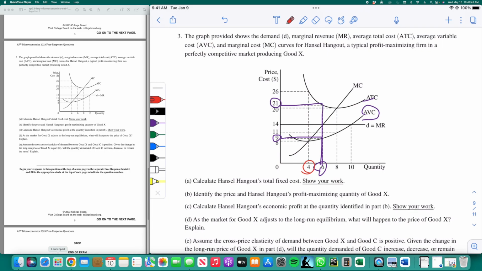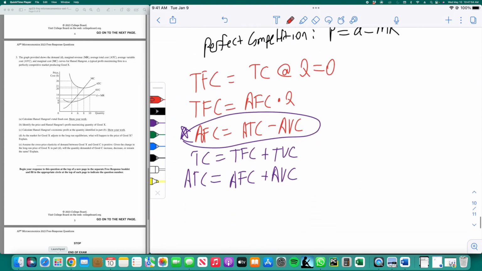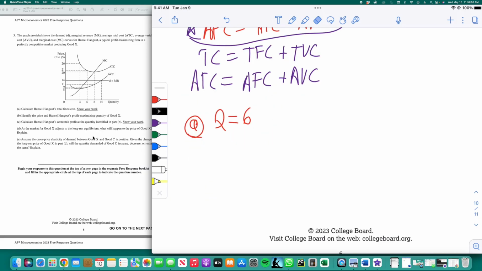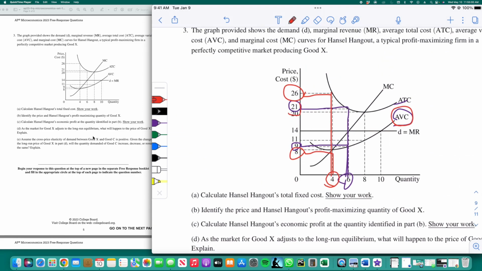Let's see here. I'm going to go straight up to the ATC, and I see my ATC is 26. I can also do the AVC, and that happens at 8. So for A, quantity equals 6, ATC, if the quantity is 6, is 21, and the AVC is 9.